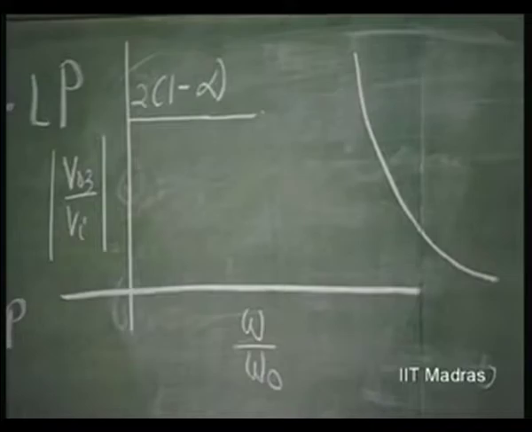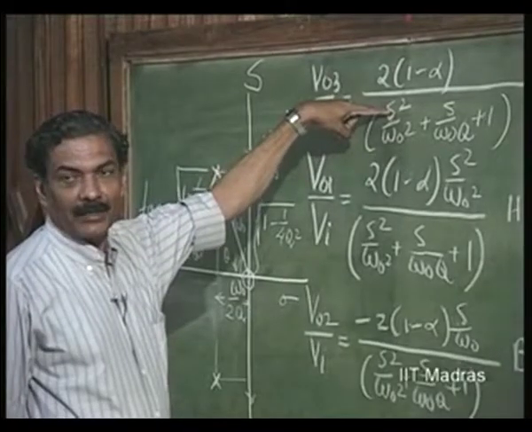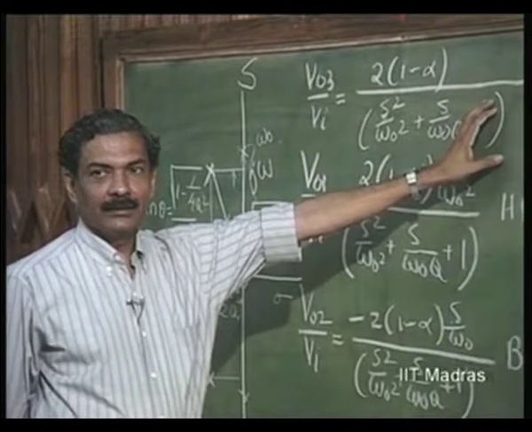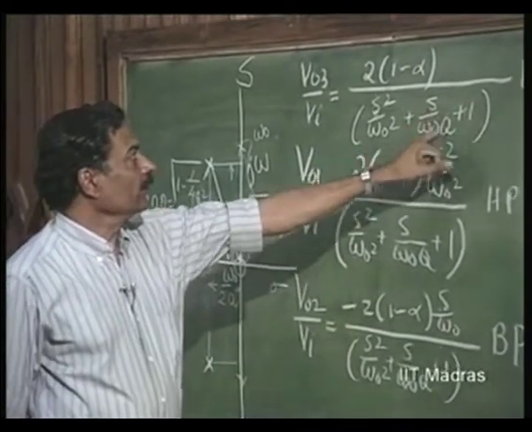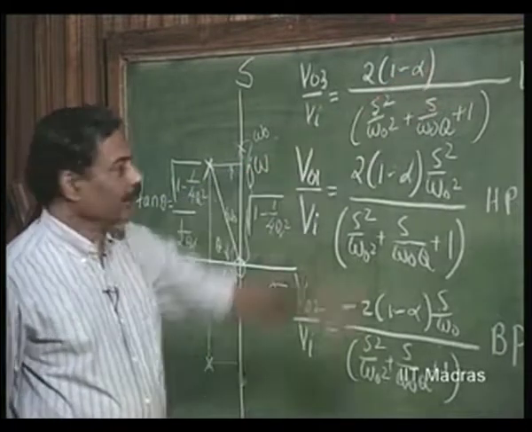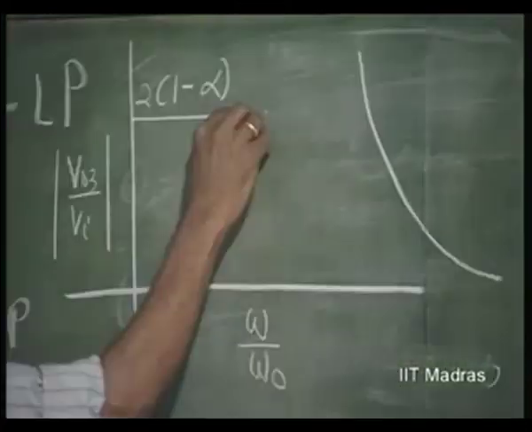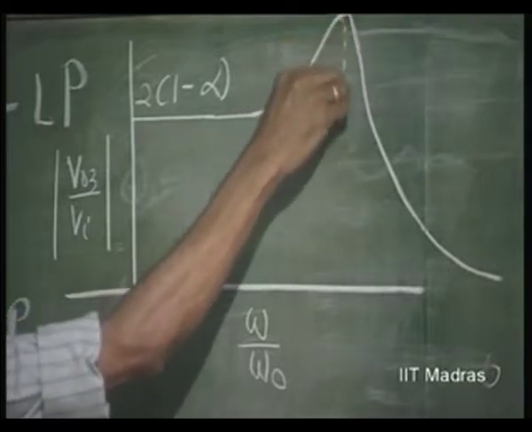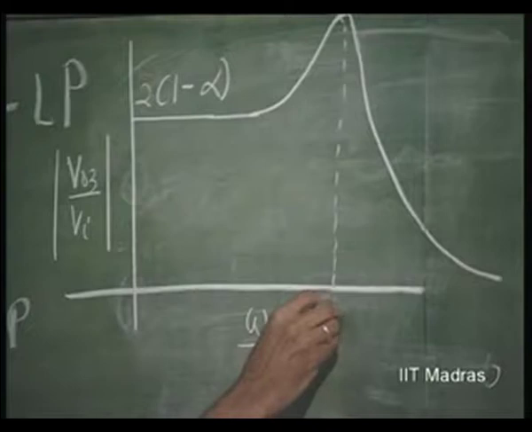At s is equal to j omega, omega equal to omega naught, this gets cancelled with this. This gives you q times 2 into 1 minus alpha. If q is very high, this can go to very high values. This is going to be very nearly at 1.